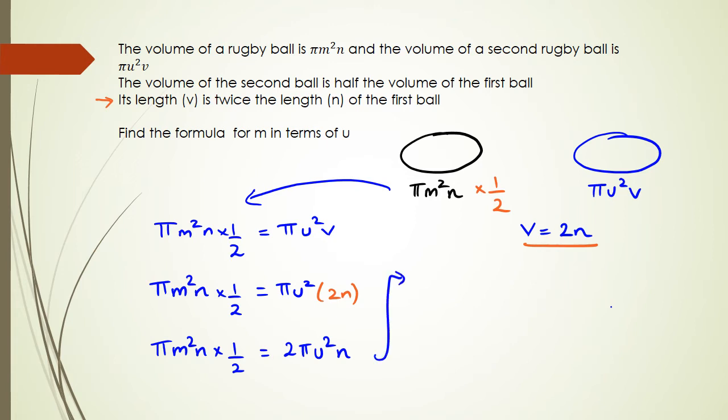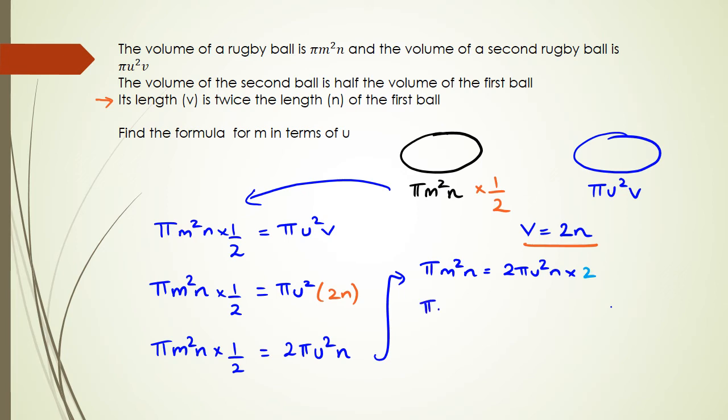The first thing I'm going to do is switch the half to the other side. So you've got pi m squared n equals 2 pi u squared n, and when the half comes to the other side it becomes multiplied by 2. I'll put that in a different color so you guys can see that.